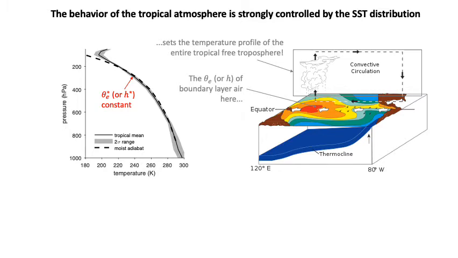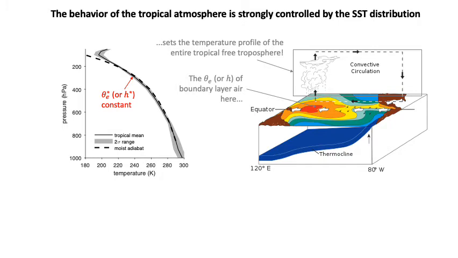Okay, so just to summarize, the behavior of the tropical atmosphere is, in general, very strongly controlled by the sea surface temperature distribution. And this was also implicit in the Hadley cell work we've done before, and even to some extent in the monsoon lecture before, and now here we're talking about it more generally, as in the Walker cell.